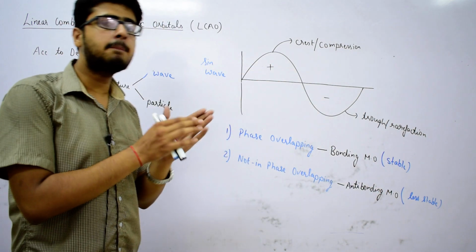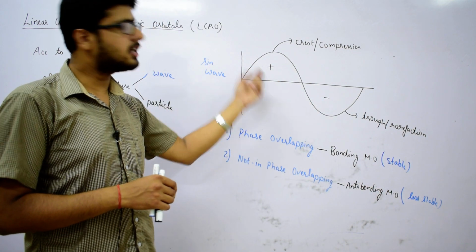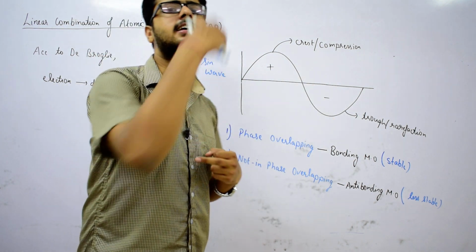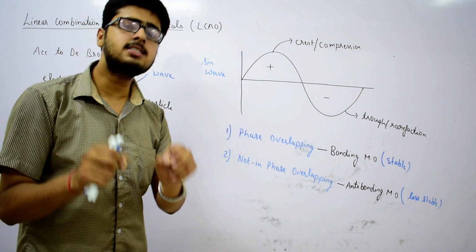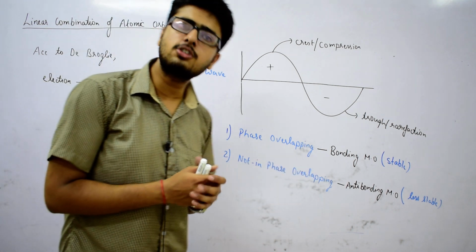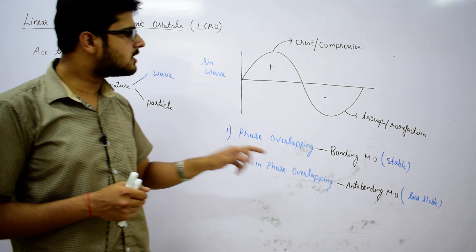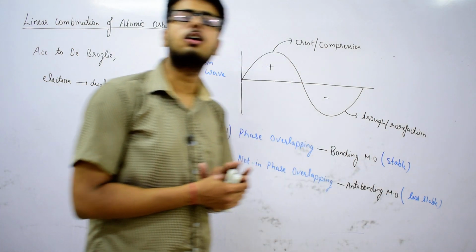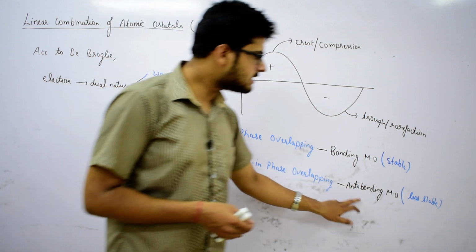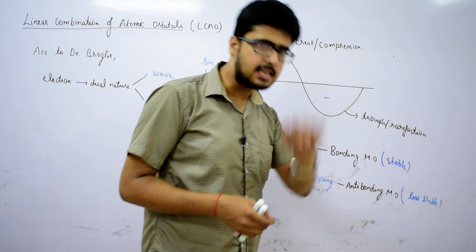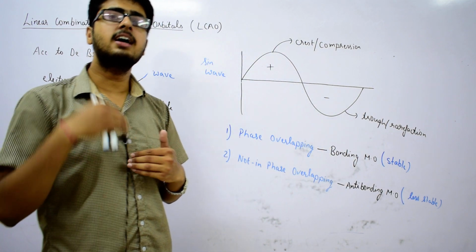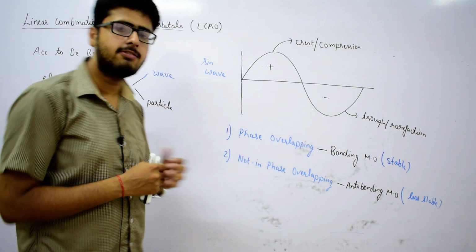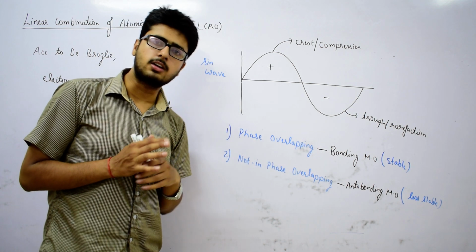But if the overlapping takes place between the crest of the first and the trough of the second, or the trough of the first and the crest of the second, then this type of overlapping is called not in phase overlapping, and as a result antibonding molecular orbitals are formed, and these are less stable because they have a higher energy content. So, let us discuss briefly these two types of molecular orbitals.